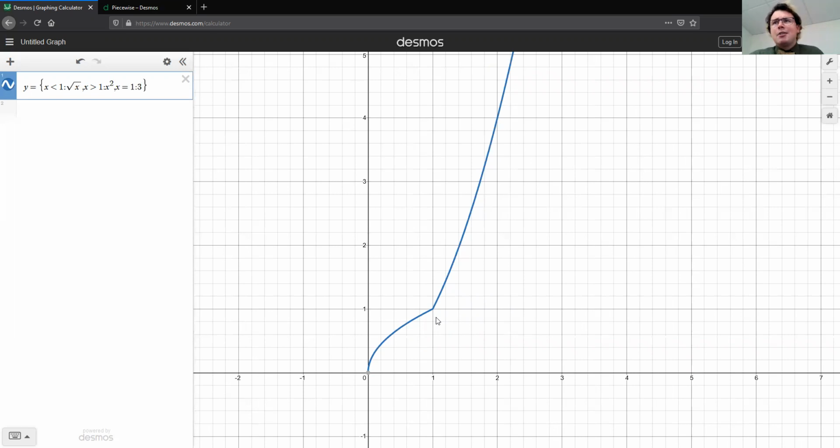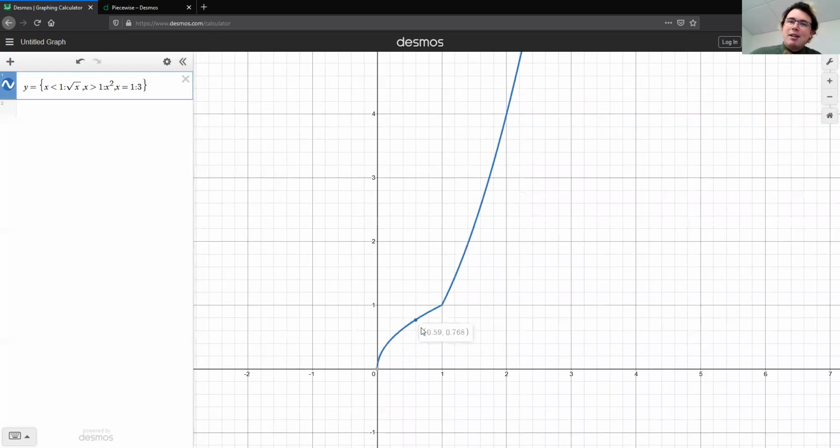When I try to think about this function with my limit idea, coming in from the left, my x coordinates are getting closer and closer to 1. My y coordinates are also getting closer and closer to 1. Coming in from the right, my x coordinates are getting closer and closer to 1.